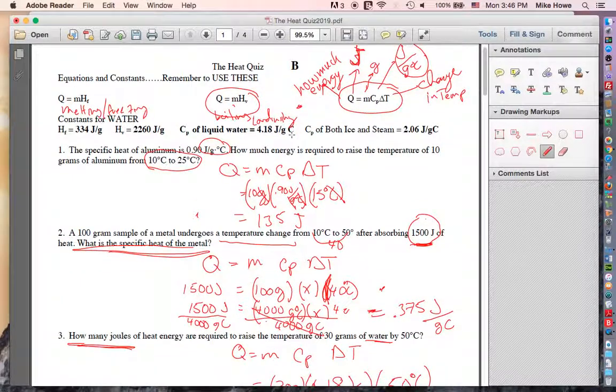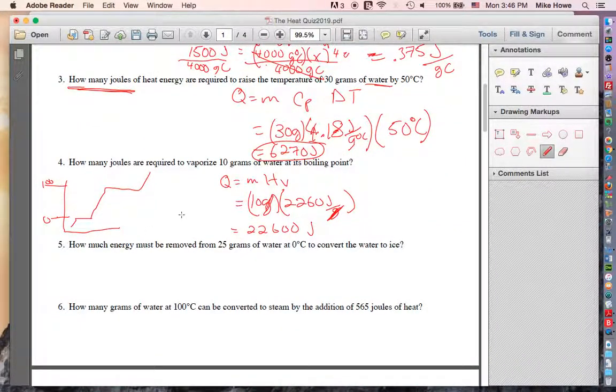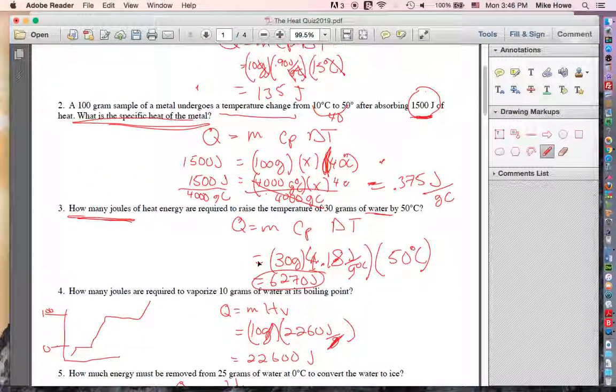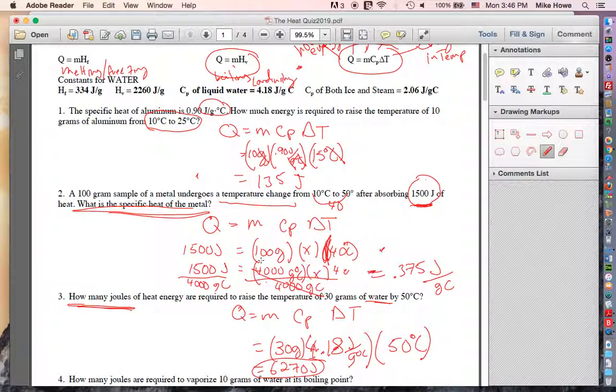So down here we're at freezing. Q is equal to m Hf. What's m? 25 grams. And the heat of fusion, we look up at the top of the page. It's 334.